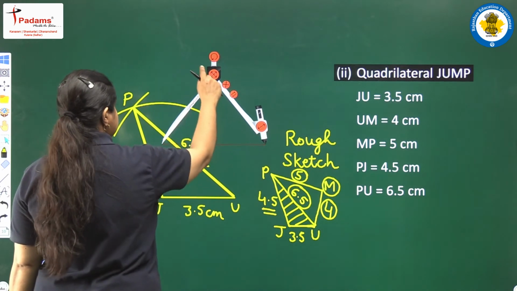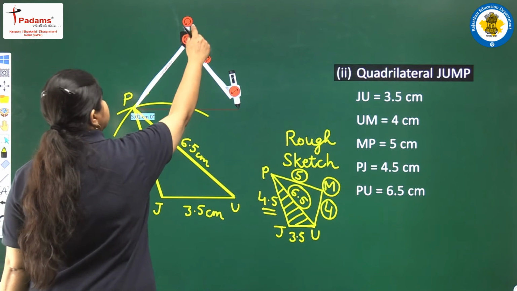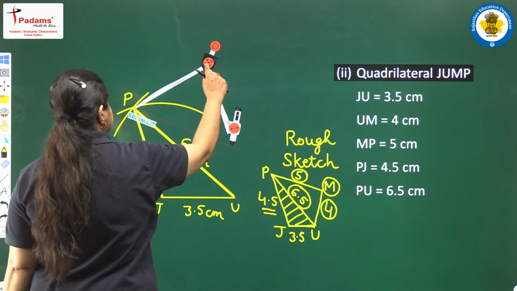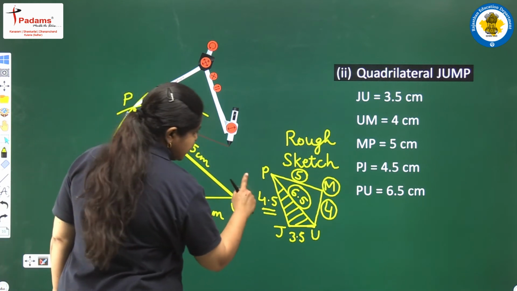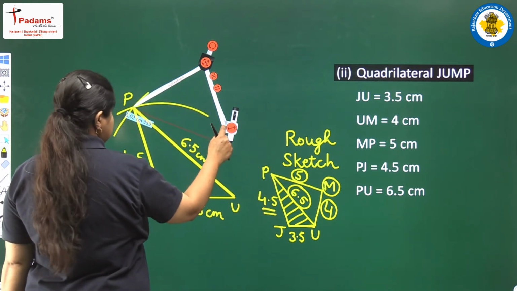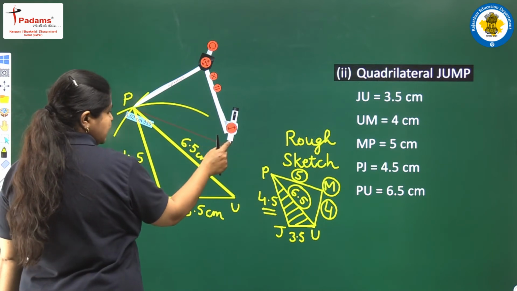We will take it to point P, and we need the radius of 5 centimeters. So it is 5 in fact. So simply we need to draw the arc.